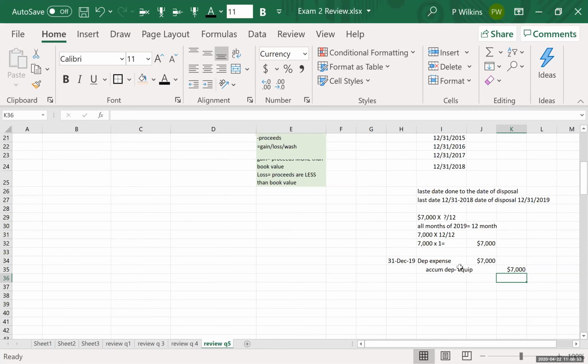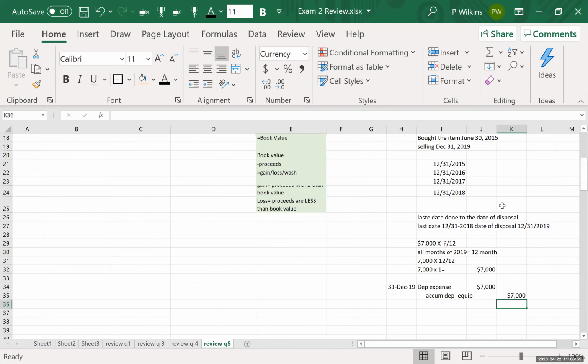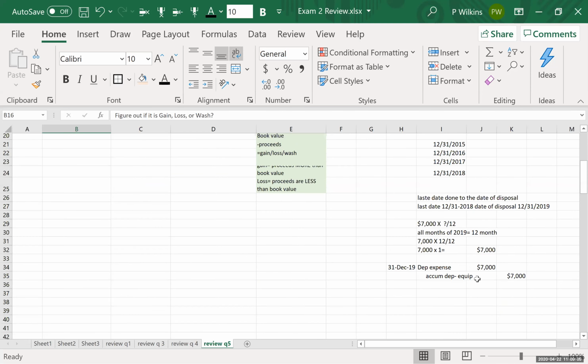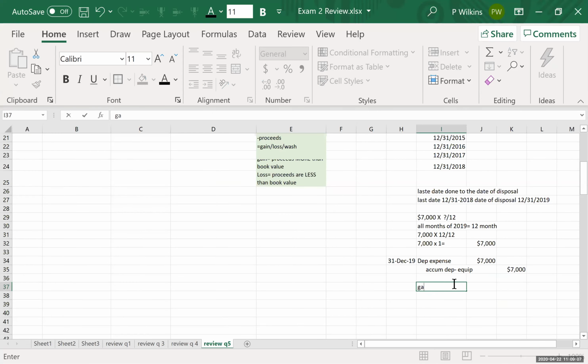So now our depreciation is current, okay? So now we come up to here and we ask, is our depreciation current? Now it's current. Now we do, is it a gain, wash, or loss? So we're going to do gain, loss, or wash.